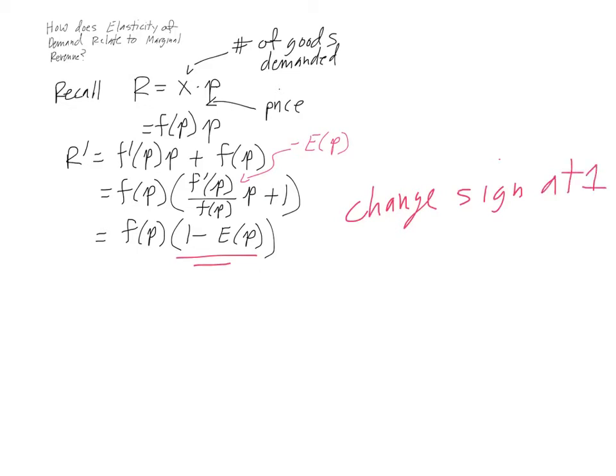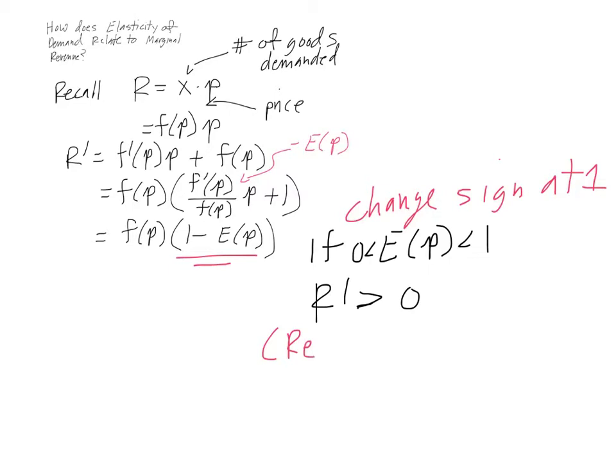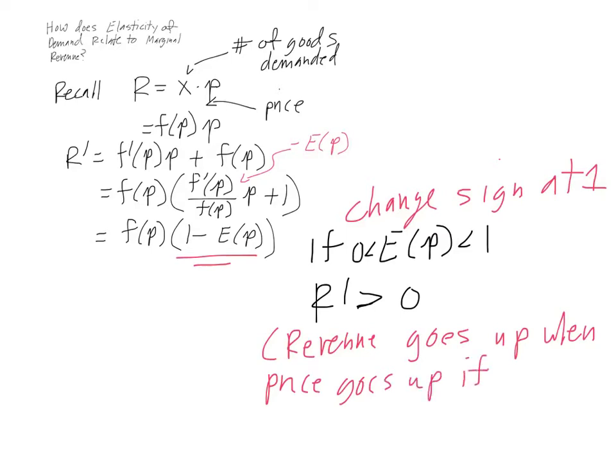So if you look at this, if E of P is between 0 and 1, R prime is going to be greater than 0. So revenue goes up when price goes up, if demand is inelastic.